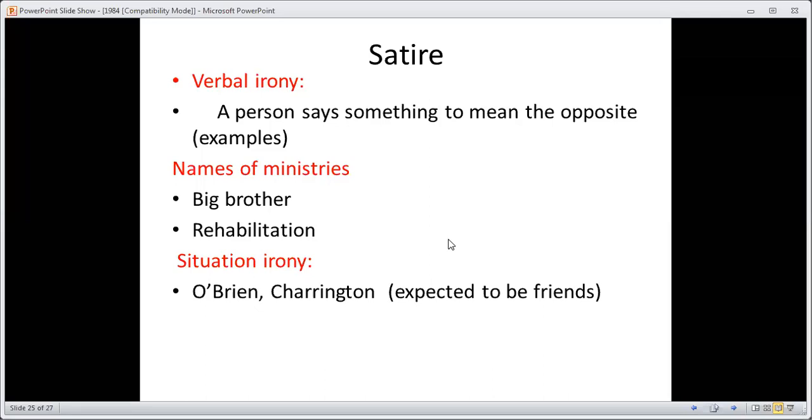O'Brien himself is a representation of situational irony. This is exactly as we say in our Palestinian proverbs: the one whom we think is Moses, we discover that he is Pharaoh. The same thing with Charrington.